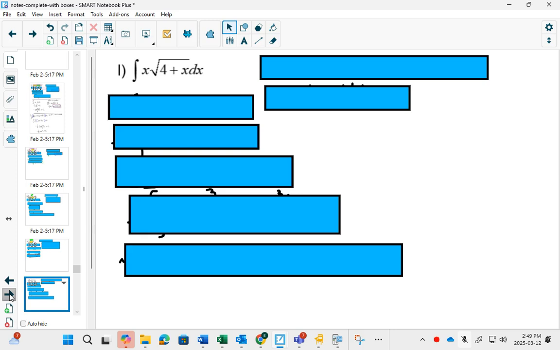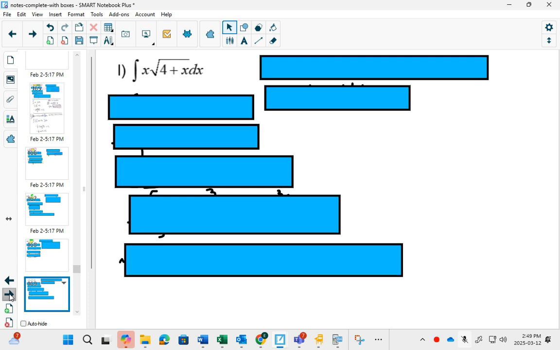Because I see the 4 plus x inside of the square root. But its derivative is 1. And outside of the square root is an x. It doesn't match with how we normally want to do it. But everything else I could think about doesn't work at all. It's terrible. So I'm really stuck.